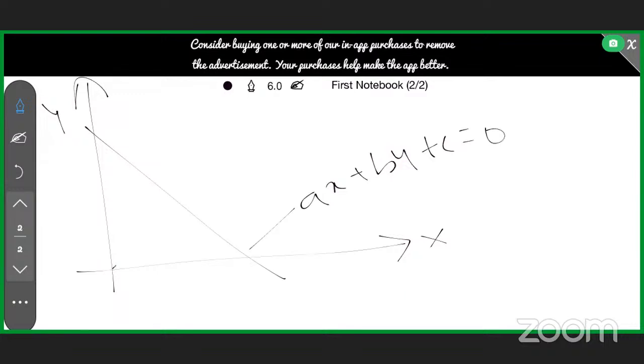And a normal is drawn, that is, a perpendicular from the origin to this line. The length of this perpendicular is p.